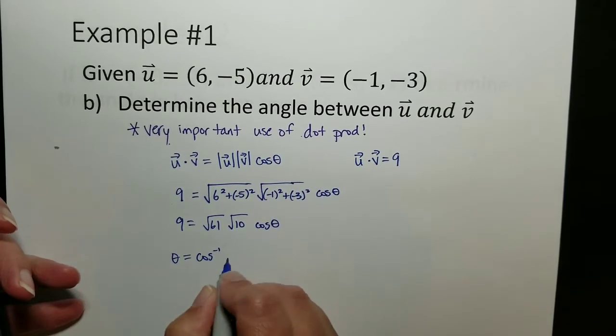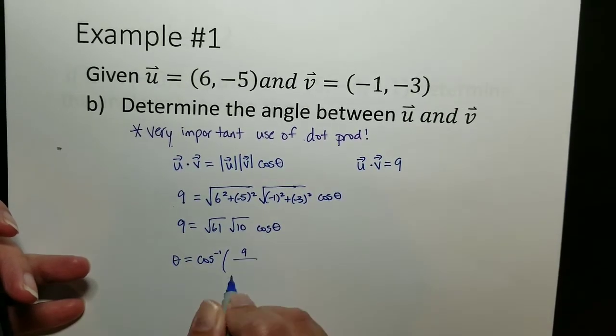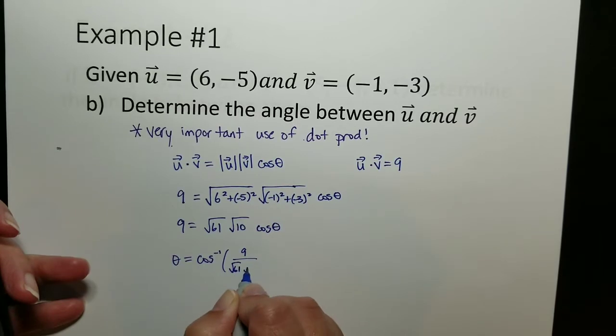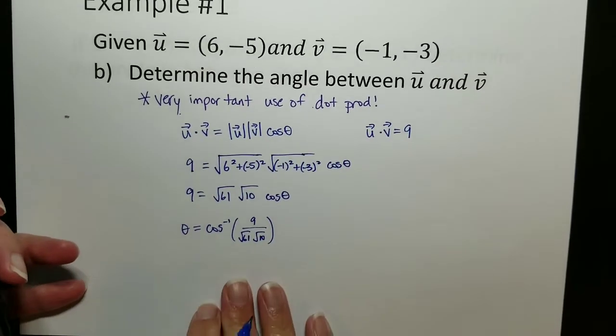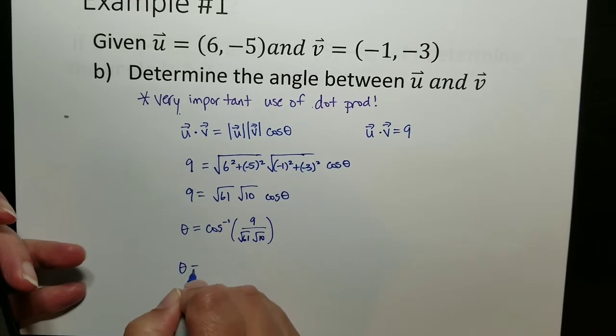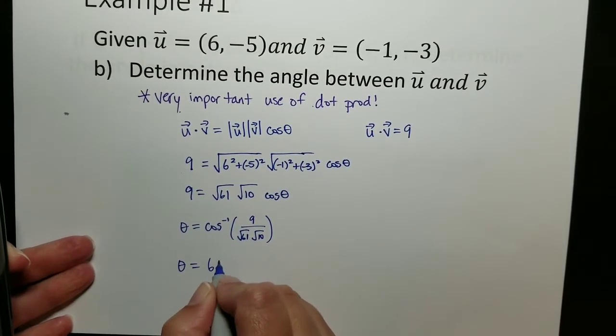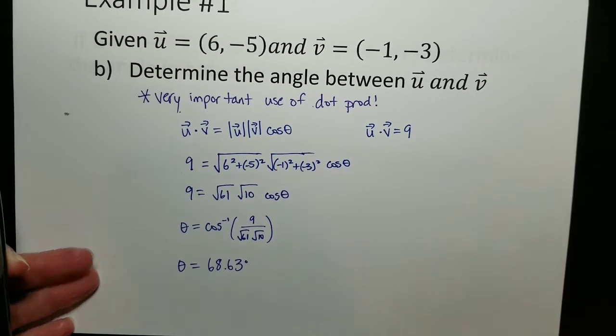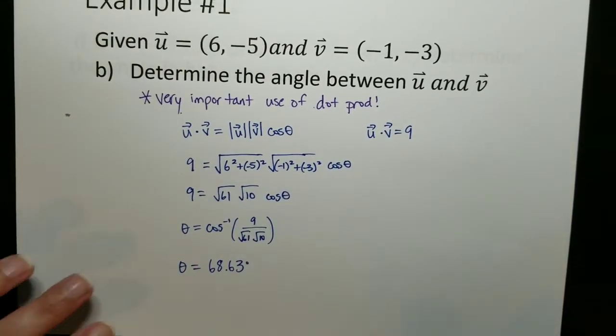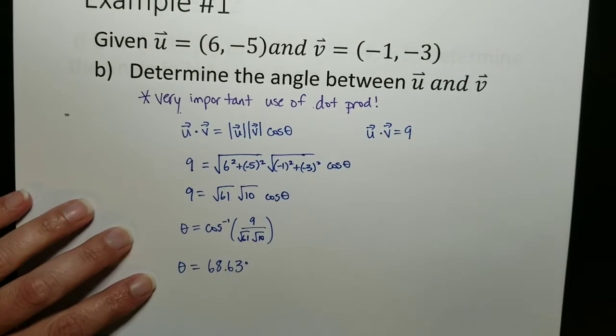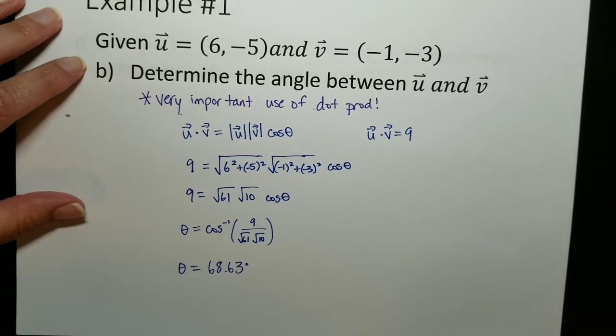So that'll be inverse cos of 9 over root 610, but if you put it separate, that's fine too. So inverse cos, I end up with an angle of 68.63 degrees.